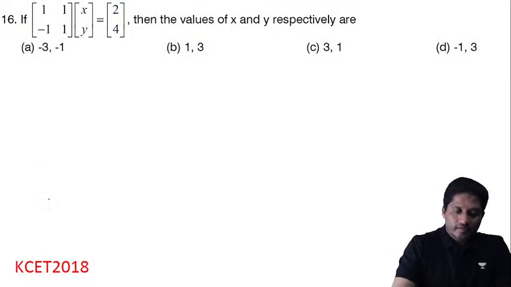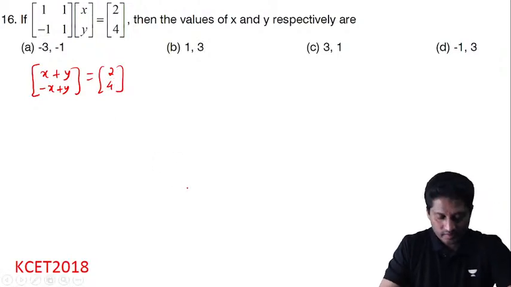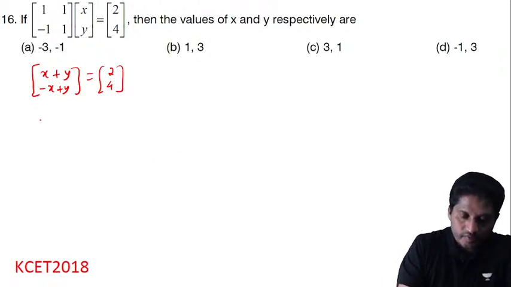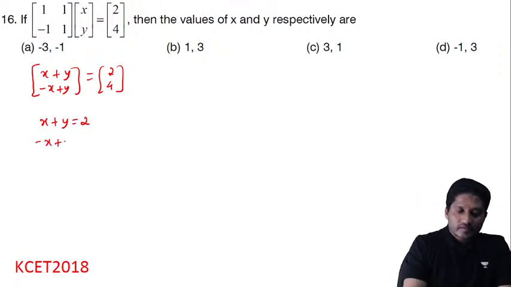If I multiply, first row first column is x plus y, second row first column is minus x plus y, equal to matrix 2 and 4. Now if I equate, x plus y is equal to 2, and minus x plus y is equal to 4.